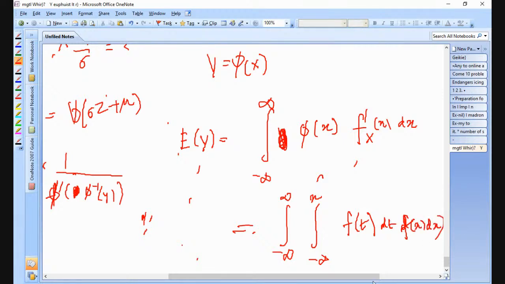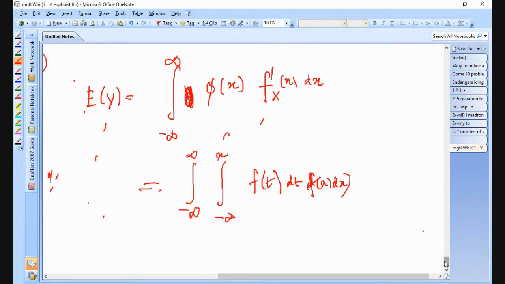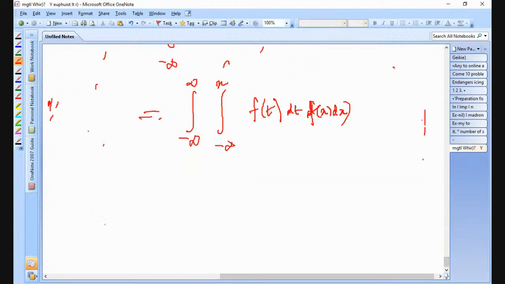That is the basic idea. So now you just calculate it using the normal procedure.